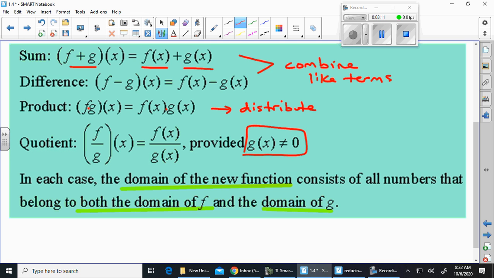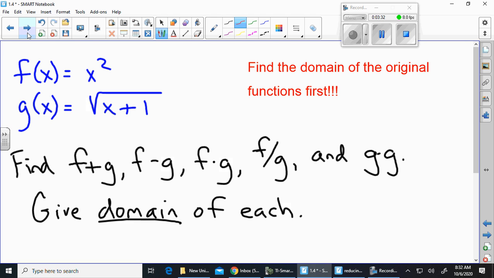So what will end up happening is you're going to find the domain of f, find the domain of g, find your new function, and then make sure that the domain of the new function has everything in it that was in it before. Sort of have to see it.